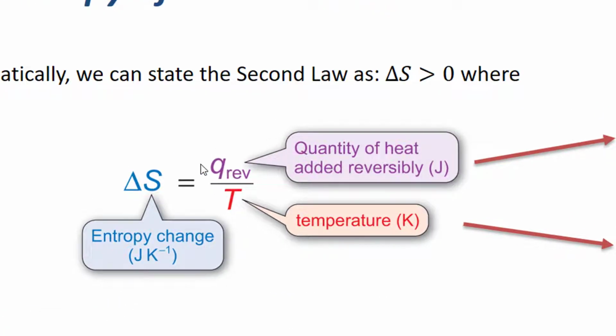This Q value here is the heat that we've been talking about in earlier lectures. It's labelled as Q reversible just because of the way that this expression has been derived. Reversible means that heat is added infinitesimally, in very, very small amounts, so much so that if we were to reduce the amount at which we add heat, it would actually be heat in the other direction.